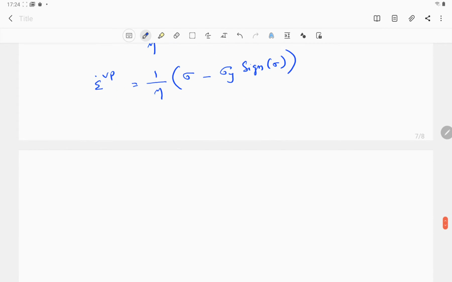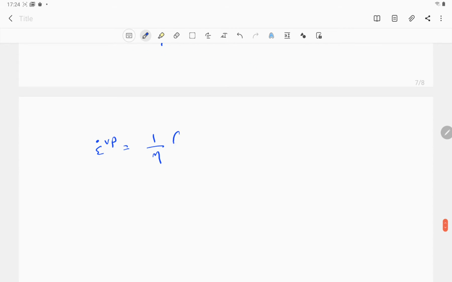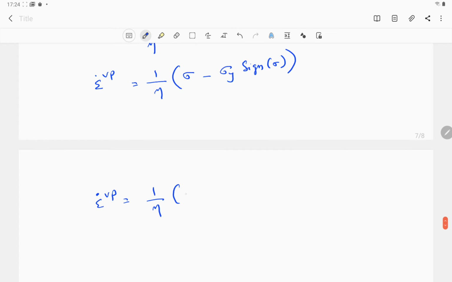Okay, now what I am going to do is epsilon dot Vp is equal to 1 by eta, let me write from here, E into, sorry, not sigma, epsilon minus epsilon Vp minus sigma y sine sigma.